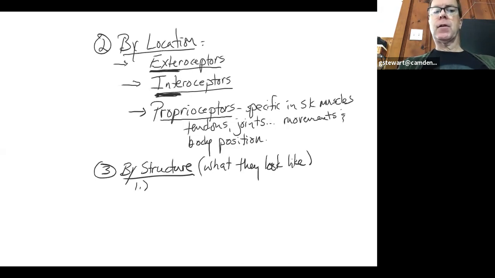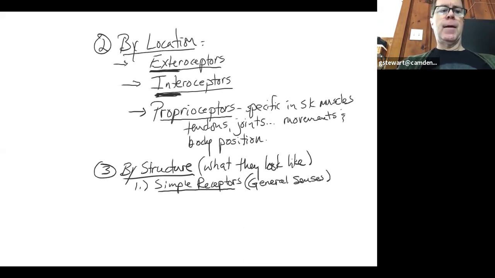So there are something called simple receptors. Sometimes these are called general receptors or general sense receptors. And what they are, how they're made up, is they are non-capsulated nerve endings.